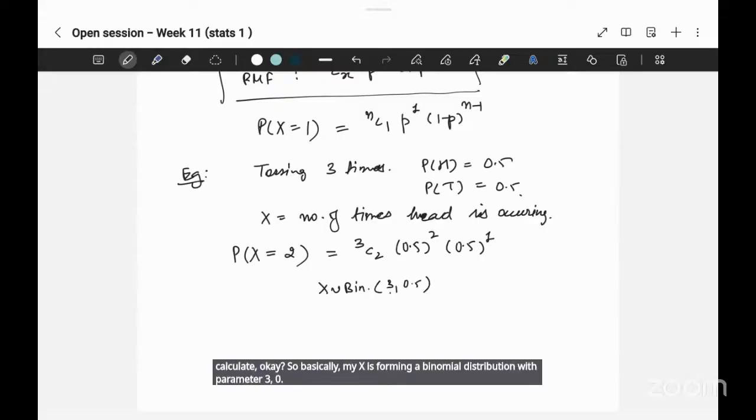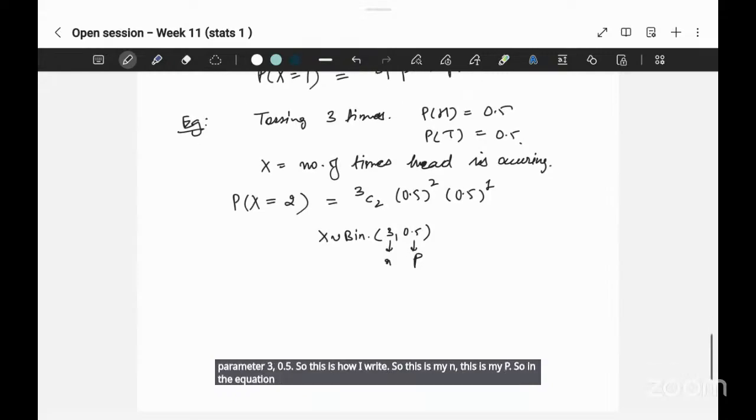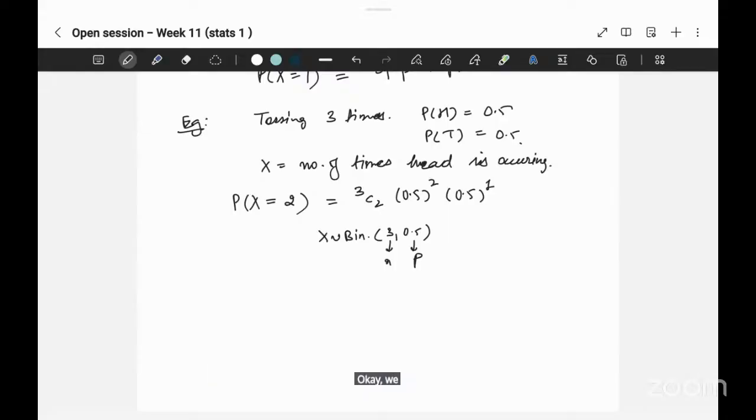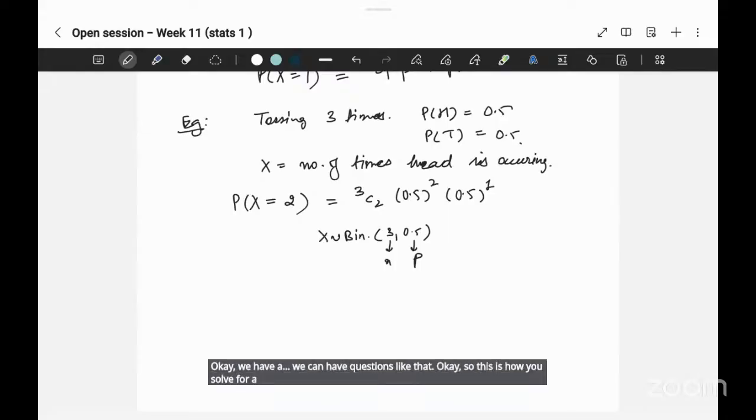So this is how I write it. This is my n, this is my p. In the question they will just write that x follows a binomial 3 comma p, then find the probability that x equals 2 or x equals 3, something like that. We can have questions like that. So this is how you solve for a binomial distribution. Clear?